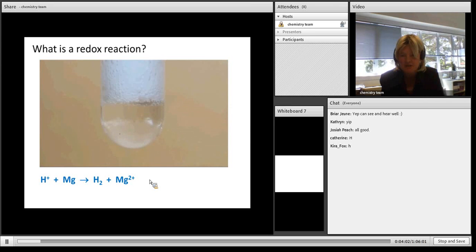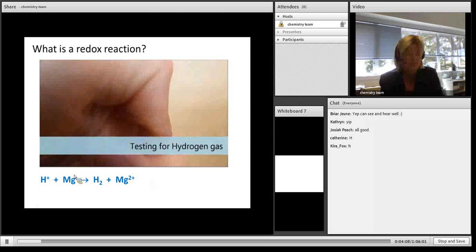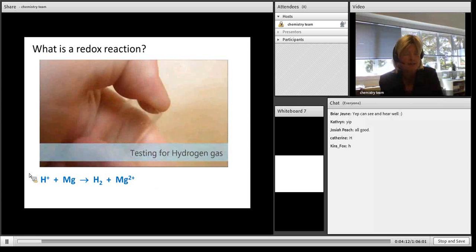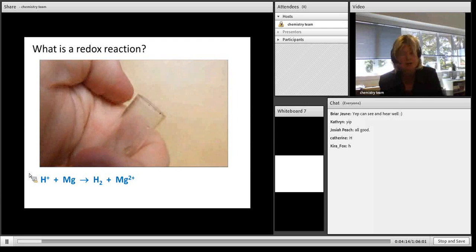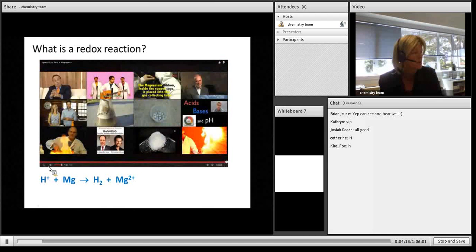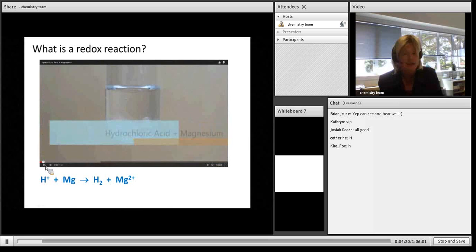The H, the hydrogen ion in particular. Not just hydrogen, the hydrogen ion. So what you've got to be really careful with at level 3 is you've got to make sure you know how to break up the ions.